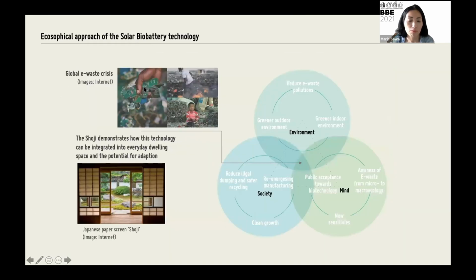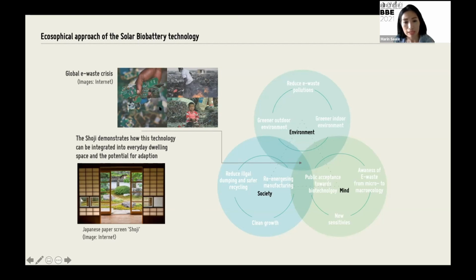So one of the virtues of this system is it's biodegradable. Well, almost. The biodegradability of carbon nanotubes is still debatable, but it shows some promise to tackle our global e-waste crisis.